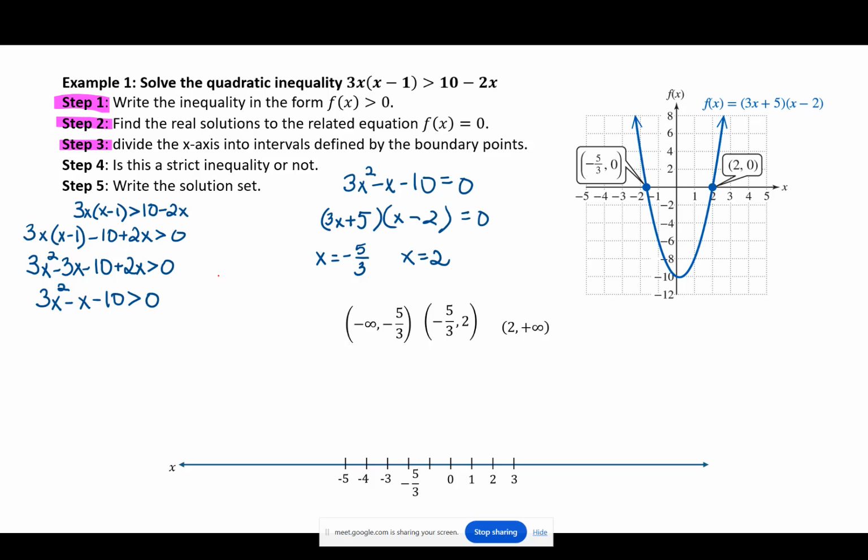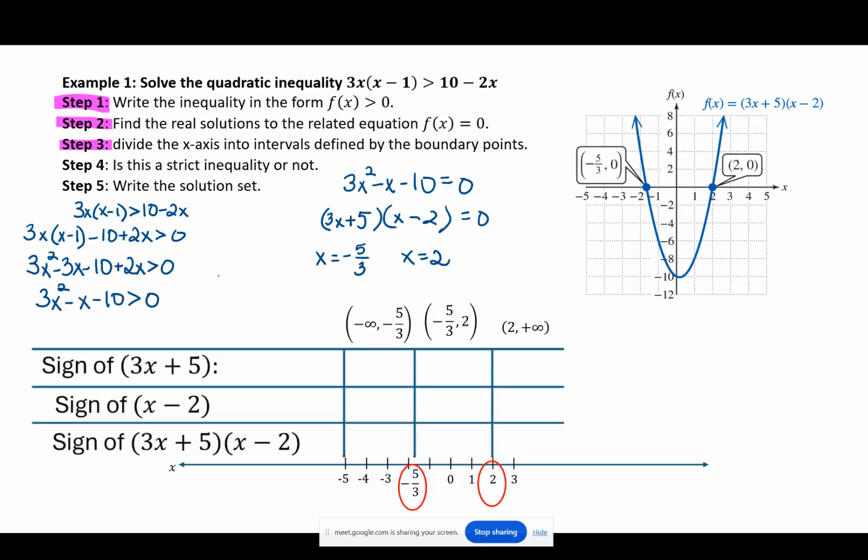And so to do that, we're going to set up a kind of chart to deal with these intervals. So we're going to look at the sign of the factors on these intervals. It's easier if we look at the signs of the factors, because 3x plus 5 times x minus 2 is greater than 0 when both factors are positive and when both factors are negative, because negative times negative is also positive.